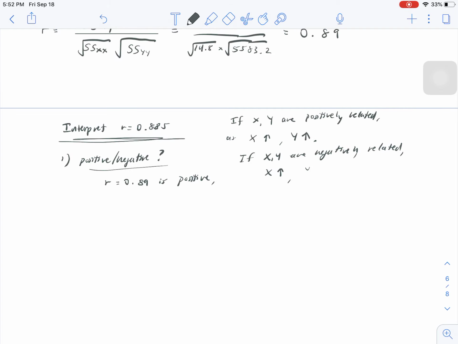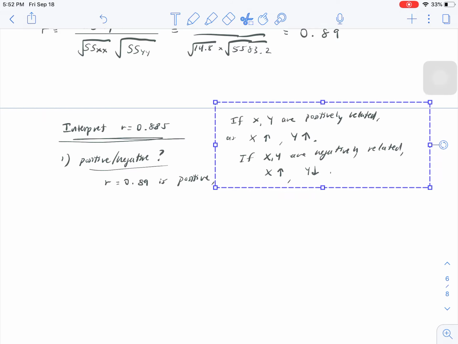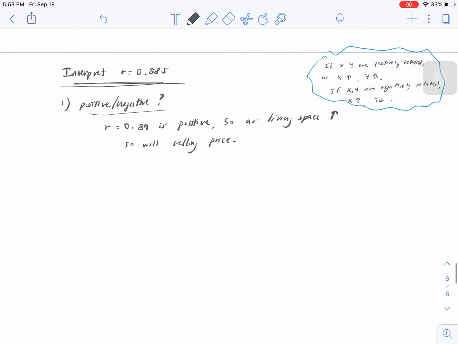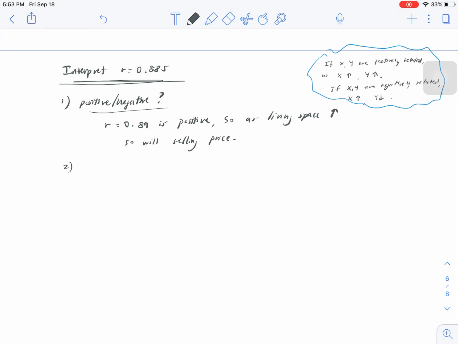So as x increases, y would decrease. That's our rule of thumb for interpreting. This is important to remember. So that means that as living space increases, so will selling price.